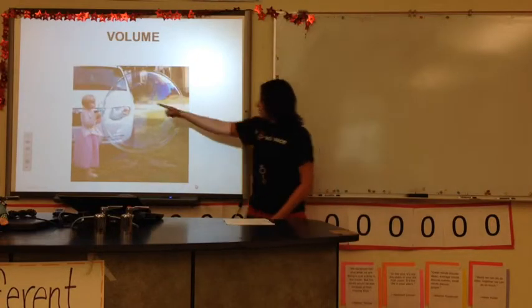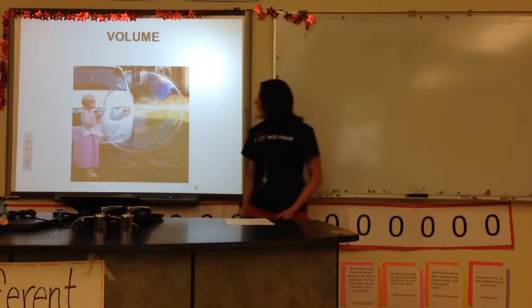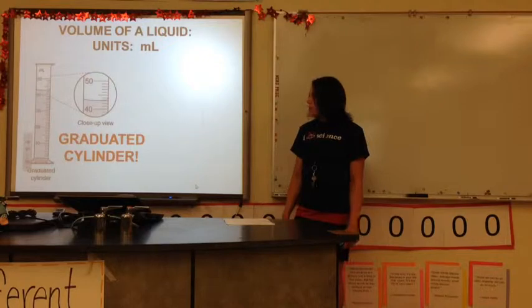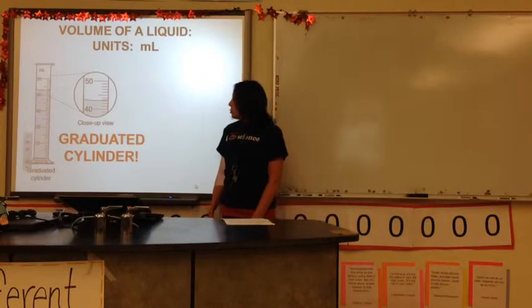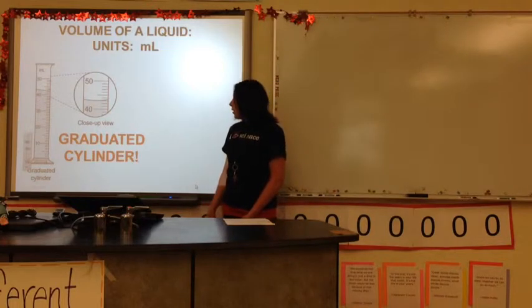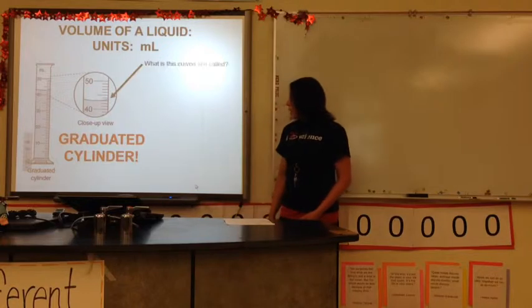Volume, look at this bubble here that she blew, is how much space is occupied by an object. And if you're trying to find the volume of a liquid, how much space the liquid takes up would be measured in milliliters, and you would use something called a graduated cylinder. Couple of questions about this.